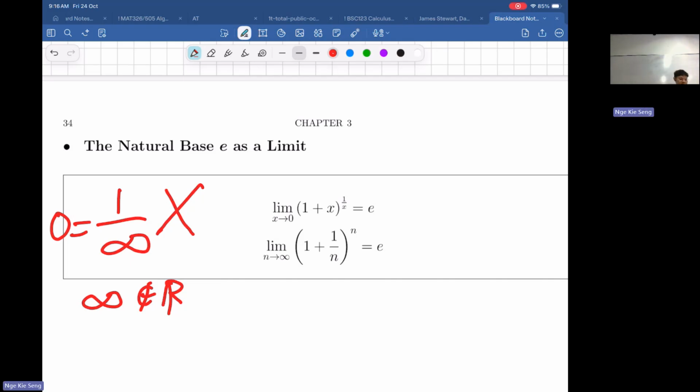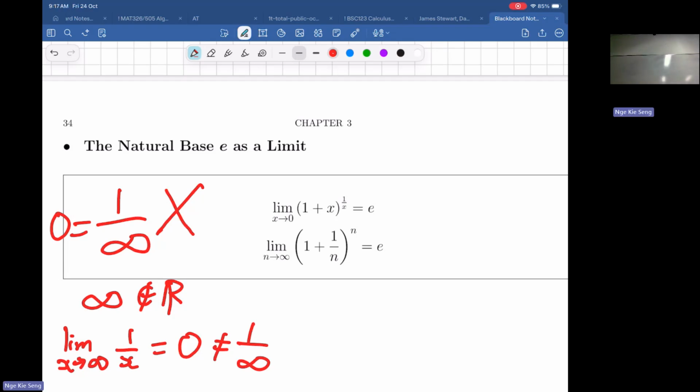Unless there's a limit. What you only know is this, and this thing is not 1 over infinity. Although sometimes we speak verbally, like, oh, we take x to infinity, we are not really replacing x with infinity.